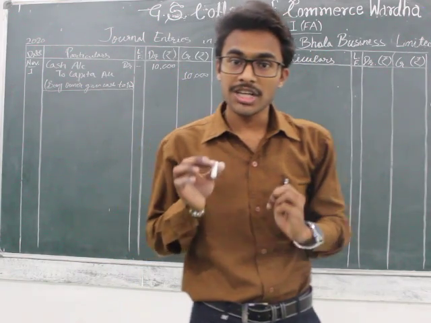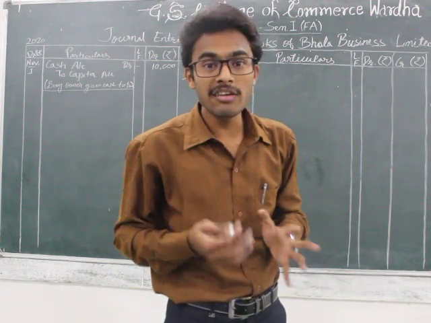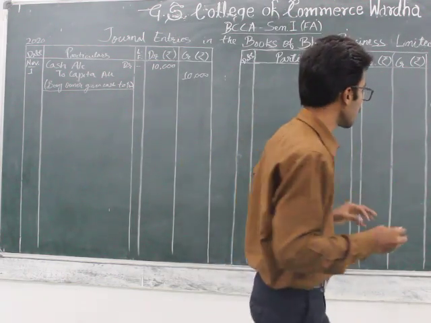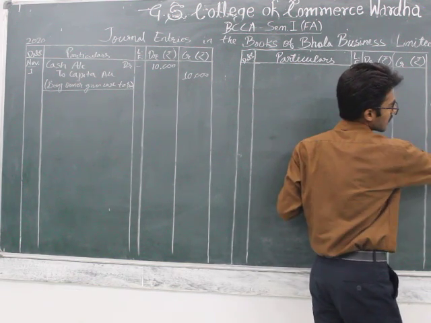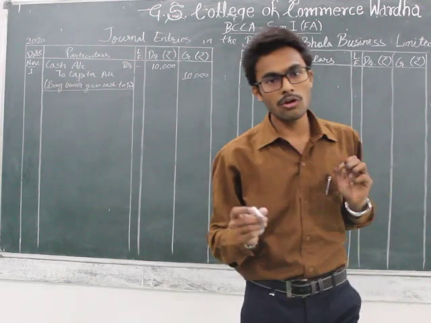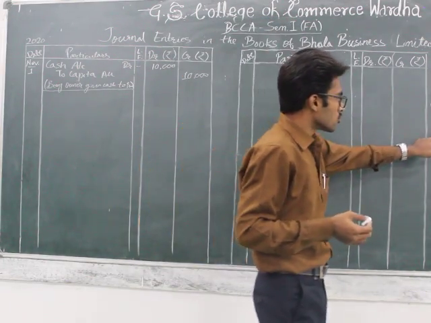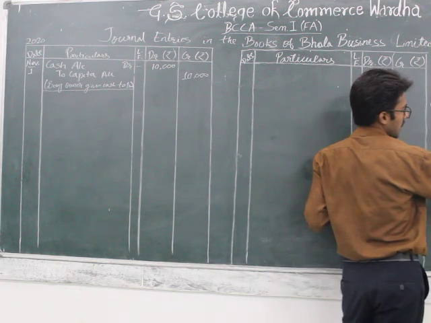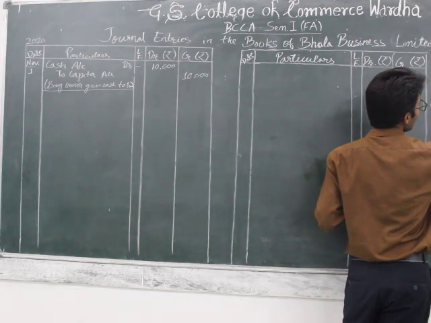That's why Shalini will be giver, because she is providing money to the business. Giver means personal account. What does the golden rule of personal account say? Debit the receiver, credit the giver. So Shalini is giver, that's why Shalini's account will be credited and cash account will be debited.